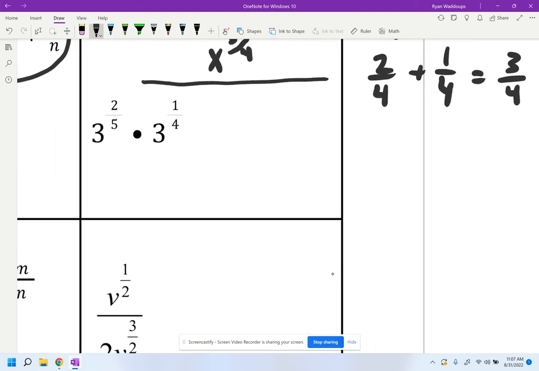And down here, we've got 3 to the 2/5 times 3 to the 1/4, so that's 3 to the 2/5 plus 1/4.